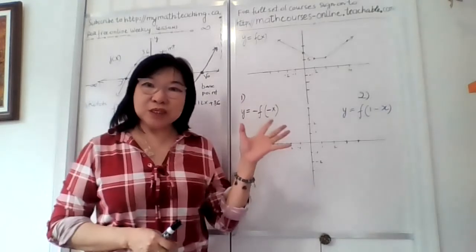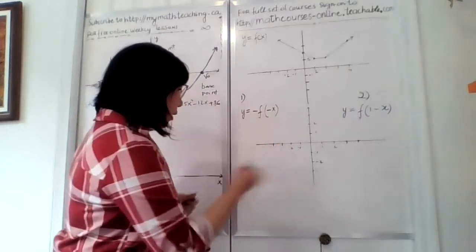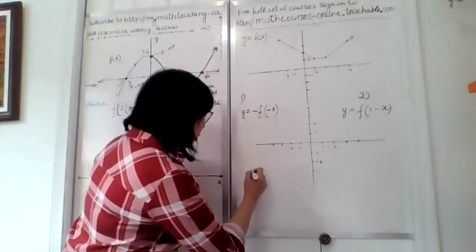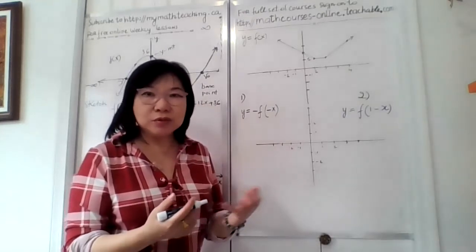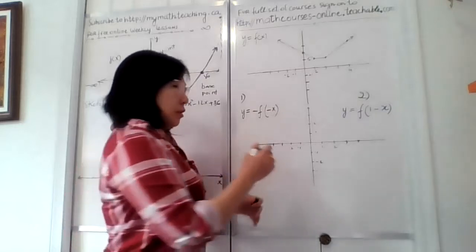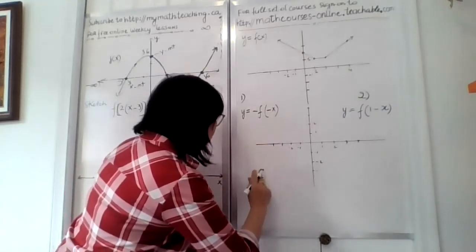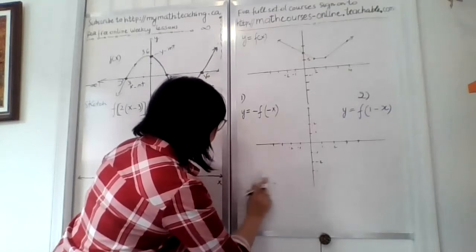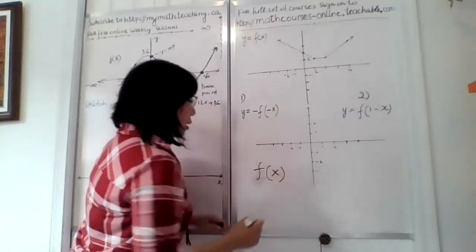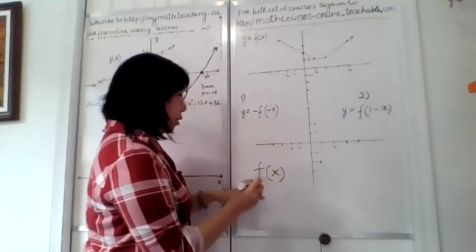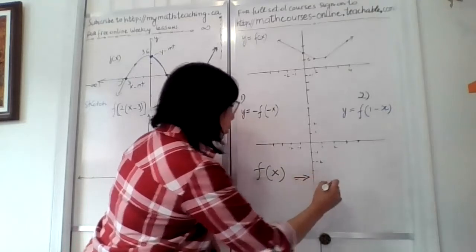But I have to mention a few notations here and explain them to you. Any function, you can call it g of x or f of x or y or whatever. So the notation of the function is f of x. Now, when it transforms, it could become something else, so I put the arrow here.